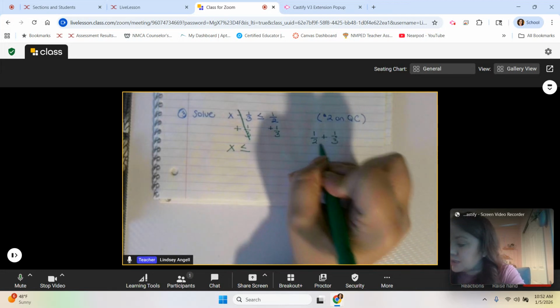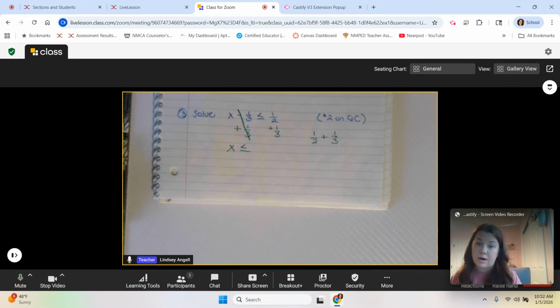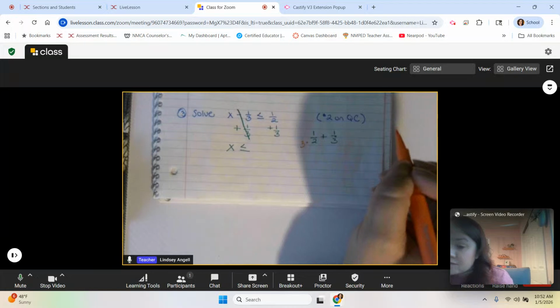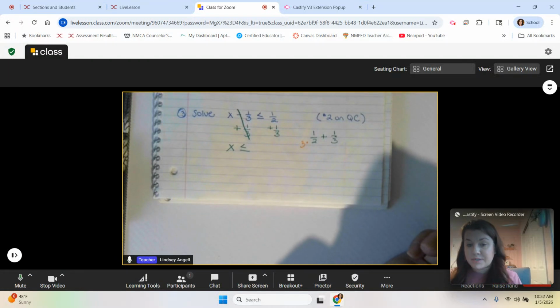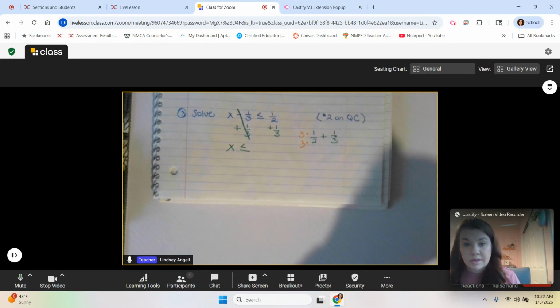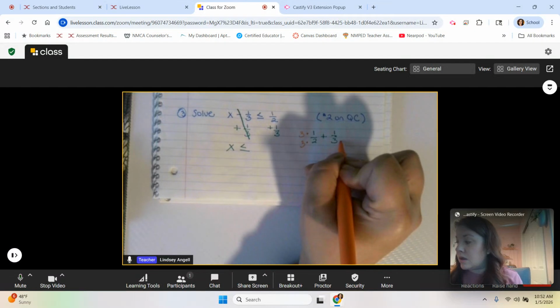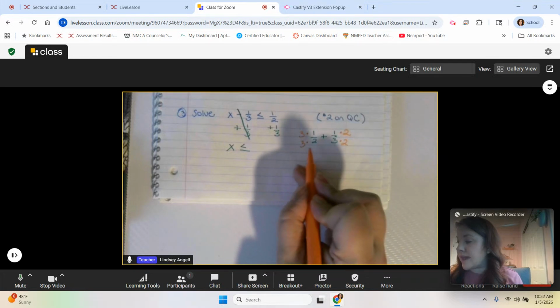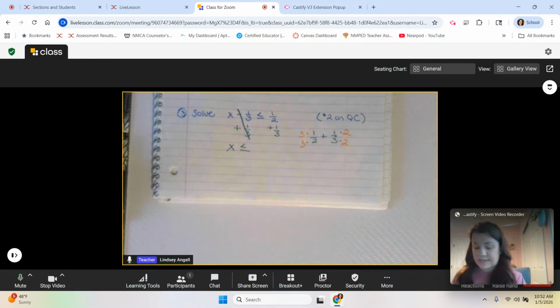And I get that just by multiplying them by each other, right? I can do times 3. Whatever I do to my denominator, I have to do to my numerator in order to keep the fraction balanced. I'm going to do the same thing over here, but this time with the 2's, right? That way, no matter what, I get 6 as my denominator.